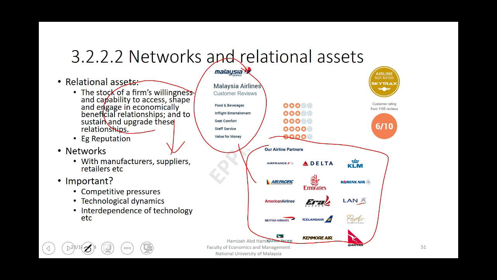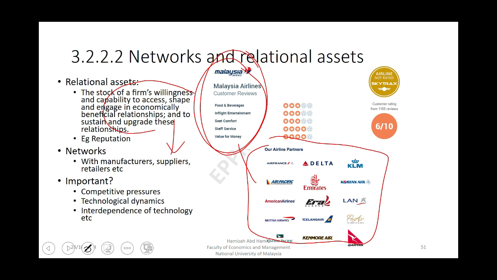One of the best industries to understand networks and relational assets is the airline industry. Take Malaysia Airlines, of course, they are not able to serve all countries in the world through their flights. It's just too expensive, not so feasible.